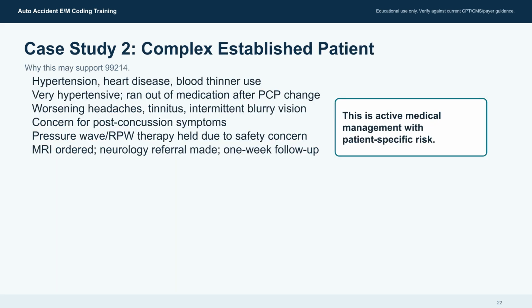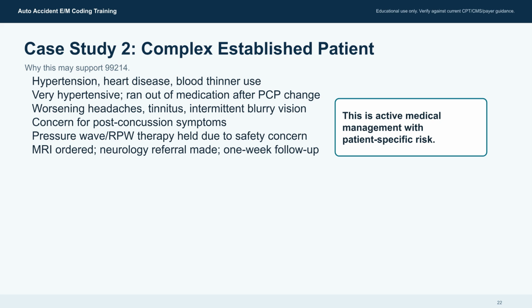Here is an example that may support a 99214. An established patient presents after an auto accident with worsening headaches, intermittent blurry vision, ringing in the ears, and concern for post-concussion symptoms. The patient is also hypertensive, has a history of heart disease, is on blood thinners, and has not been taking blood pressure medication due to a transition in primary care.